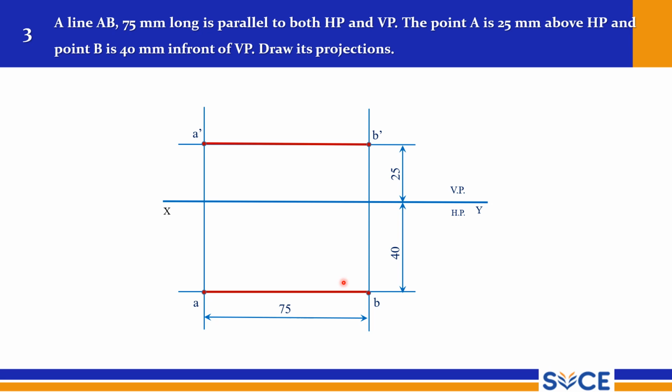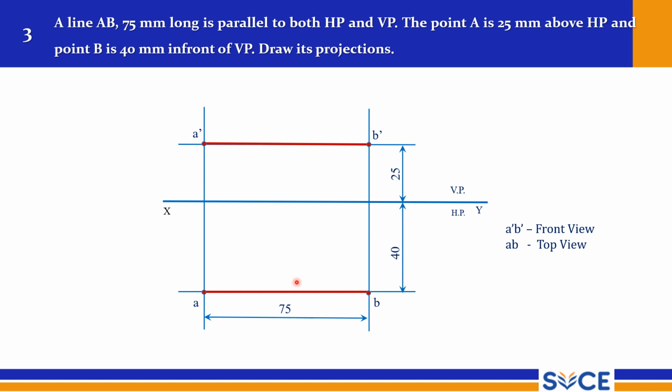So this is the solution. This is how you should proceed, where both are true length lines. Either you can draw the front view first and top view next, or the top view first and front view next. In either way you can proceed, there is no problem. You will get the same answer. So this is the first problem.